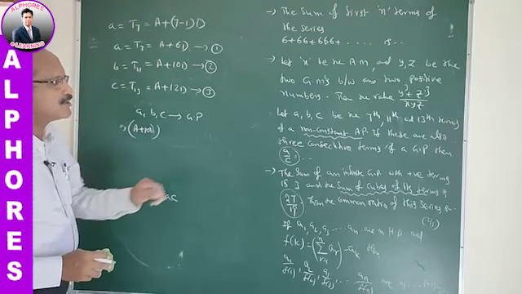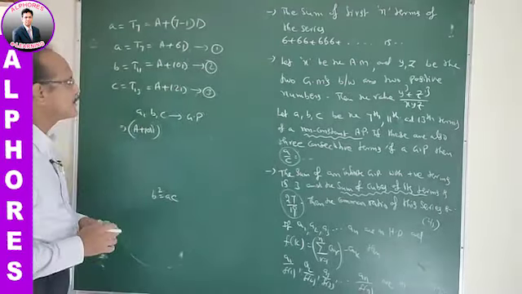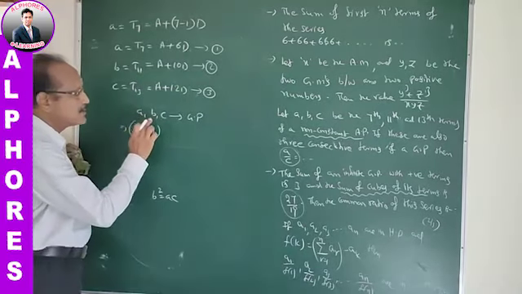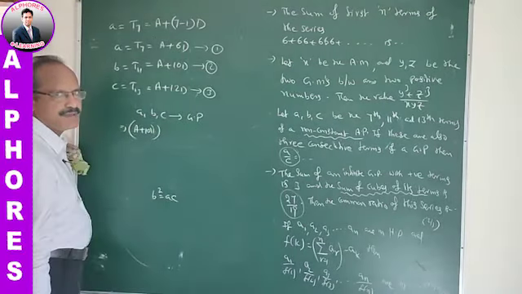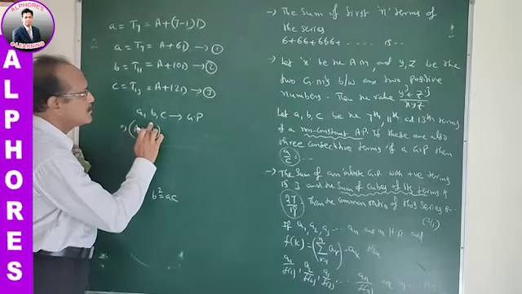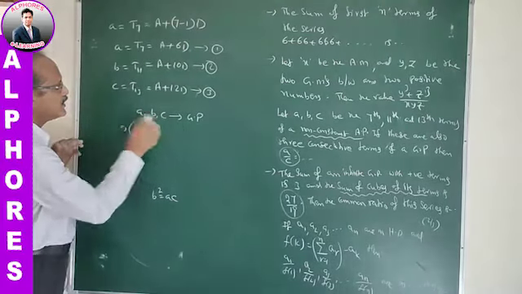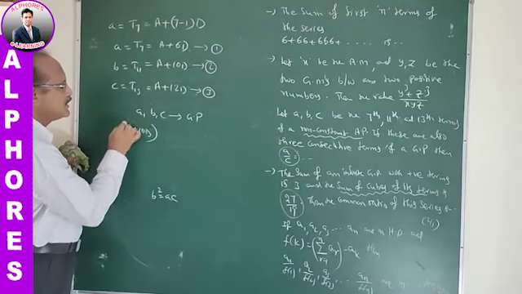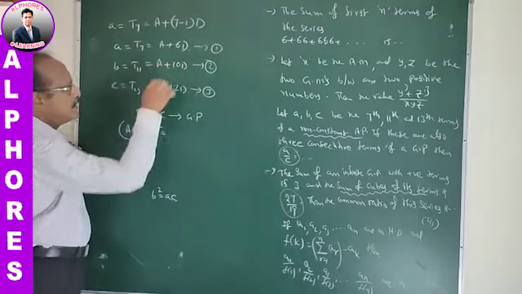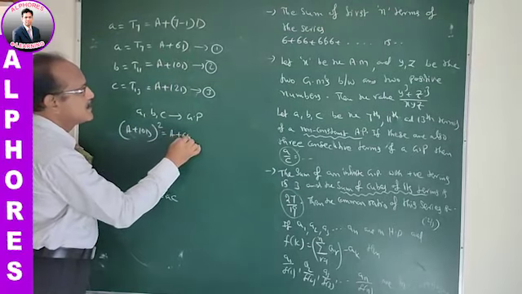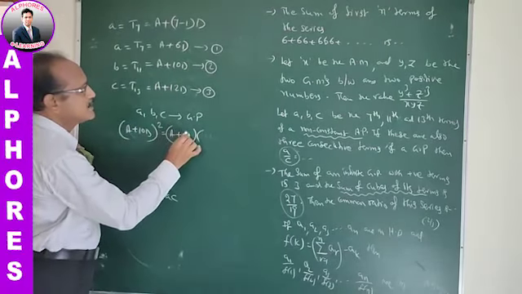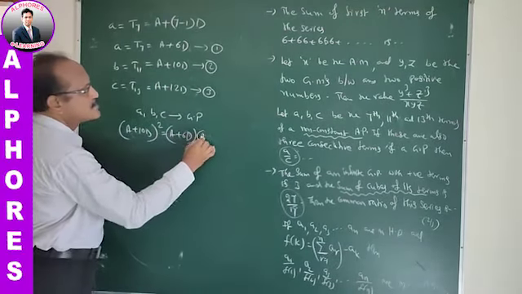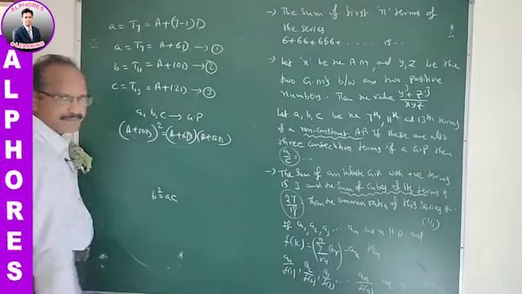Finally, you have to calculate small a and small c, using the GP condition B square equal to AC. Here B is nothing but A plus 10D, so (A plus 10D) square equals (A plus 6D) into (A plus 12D).